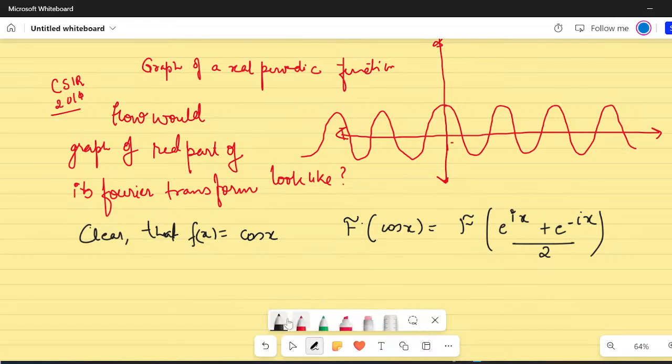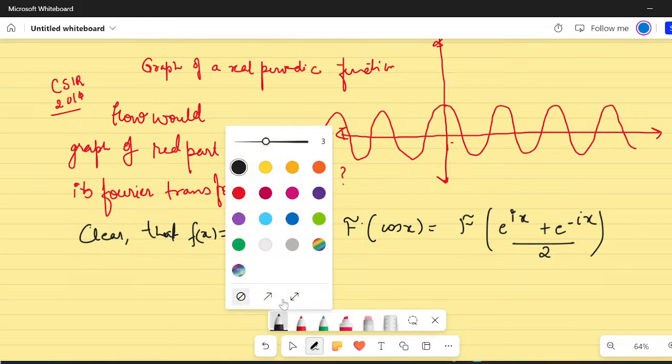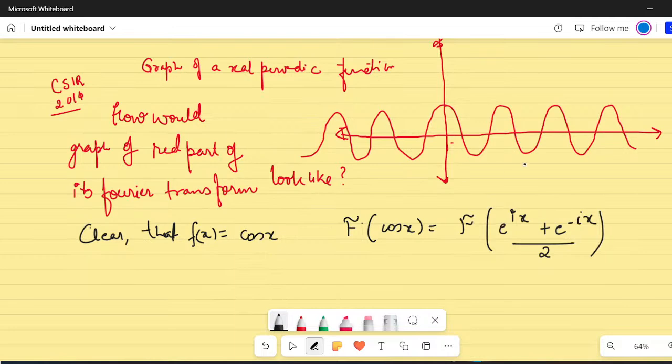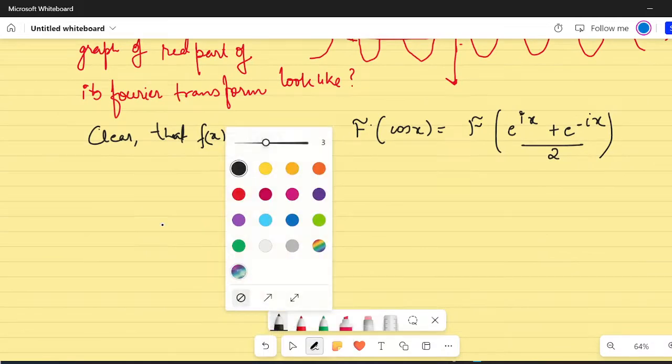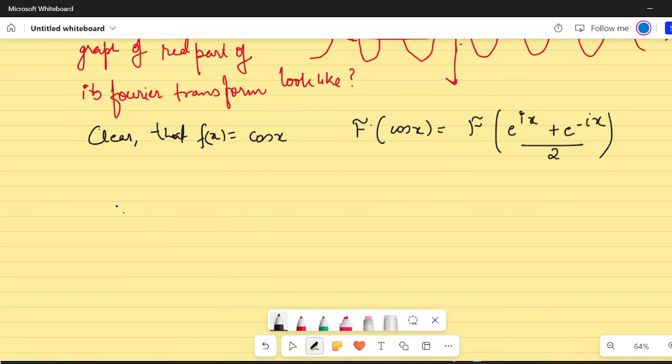So what is the Fourier transform? Minus infinity to plus infinity, I will write e to the power minus iota kx into e to the power iota x plus e to the power minus iota x divided by 2, and then dx.